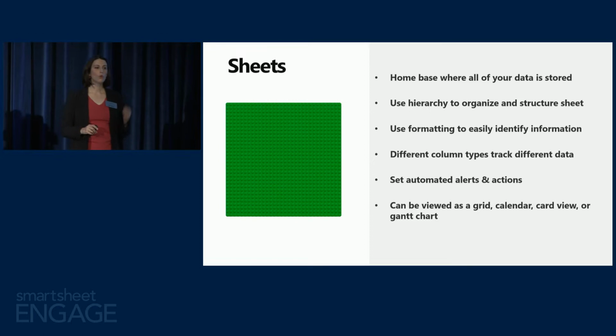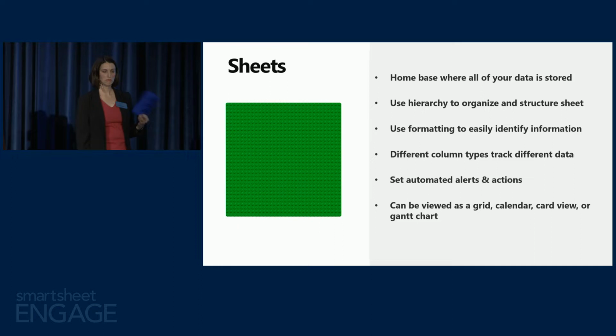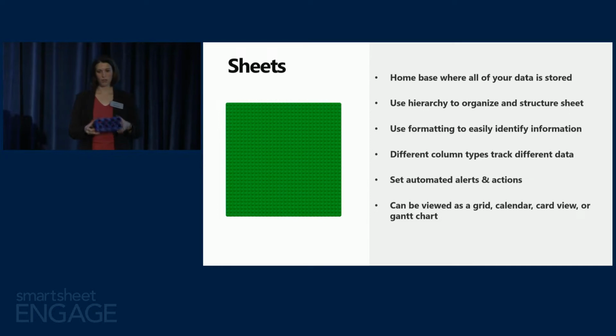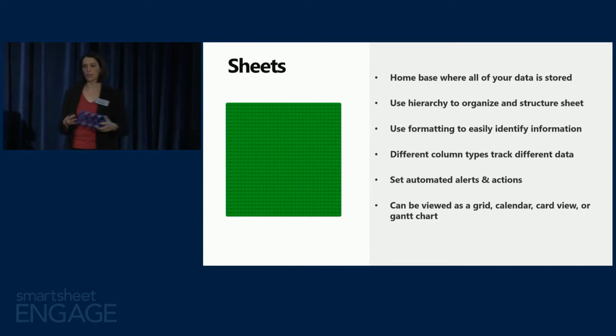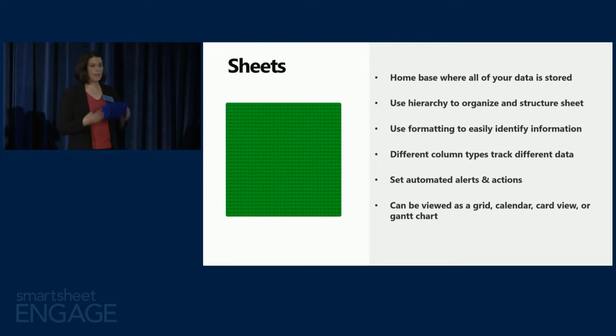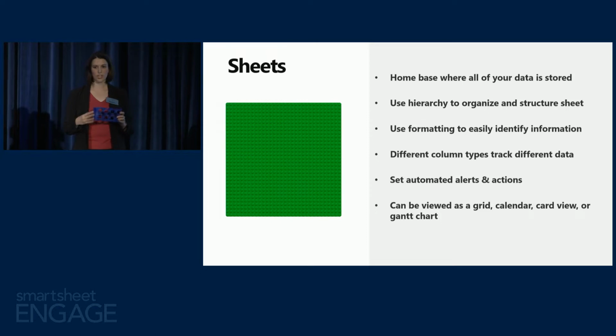Now, what blocks do I have in my bucket? What are these things? They're all the same, but how I use them may be different depending upon my process, my goals, my roles, and my visibility. The foundational piece in your bucket is always going to be a sheet.